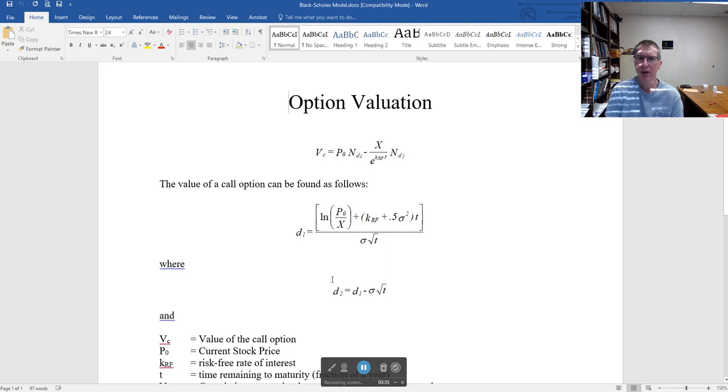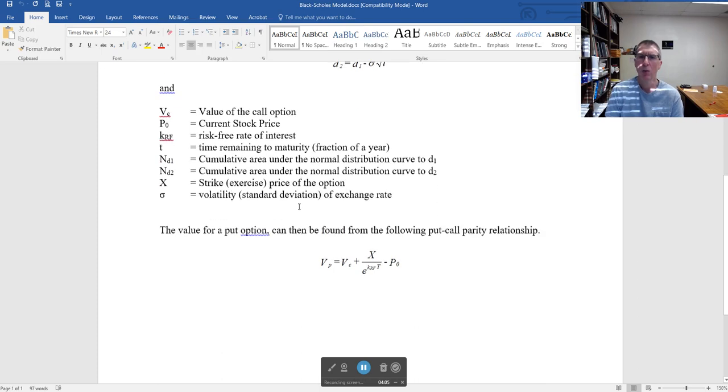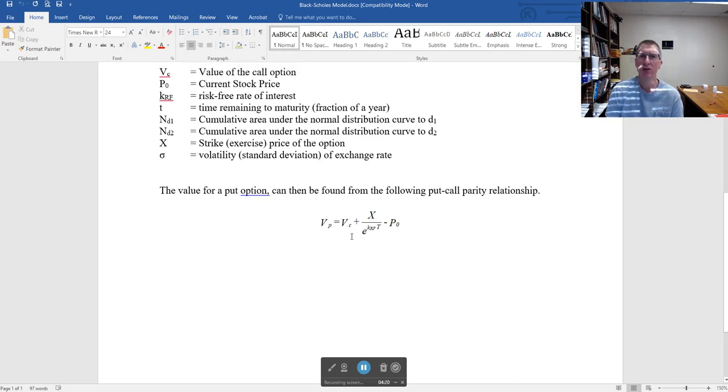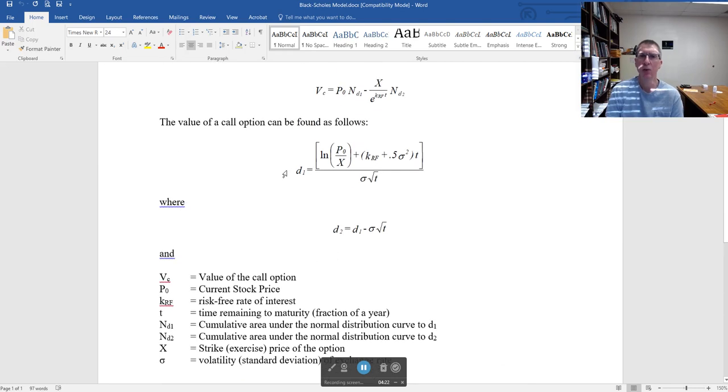Once we get that, then we'll calculate D2. That's a lot easier. Then we'll look up the standard normal distribution table and be able to do the value of the call calculation. Once we get the value of the call, we can use this formula to calculate the value of the put, which is based on the value of the call plus the present value of the exercise price minus the current stock price. So let's start with D1.